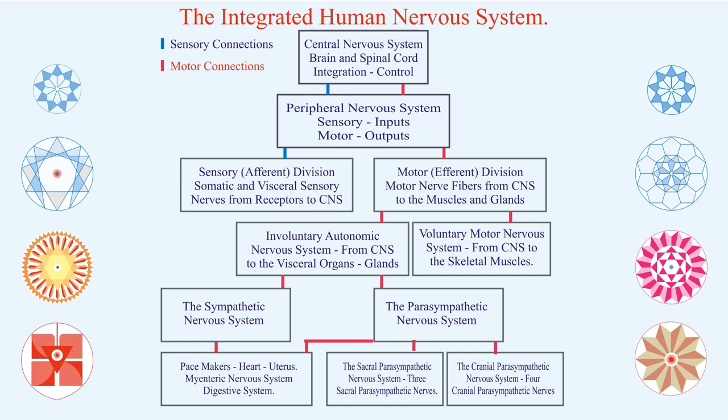As I've said, parasympathetic is for rest, digestion, and conserving energy for the future, and is made of two components: cranial parasympathetic, which has 4 cranial nerves: oculomotor, facial, glossopharyngeal, and vagus; and sacral parasympathetic from 3 sacral spinal segments, S2, S3, S4. These 3 nerves supply 5 organs.